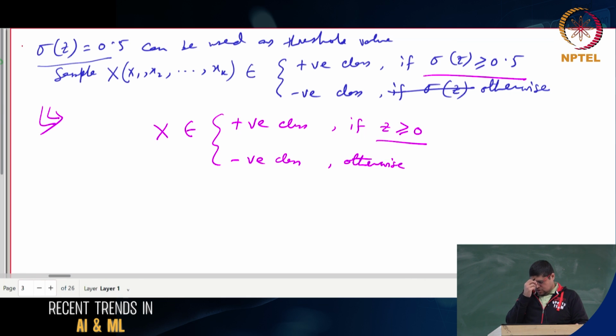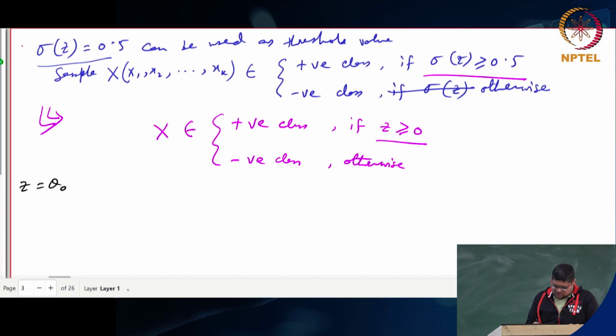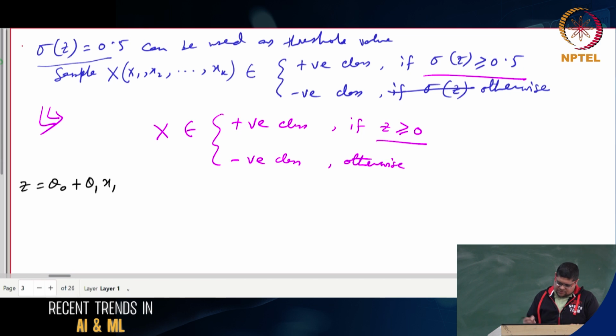So now let's do some task. Say I have z equal to theta 0 plus theta 1 x1. Okay, this has been given.